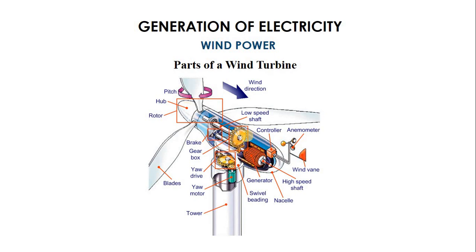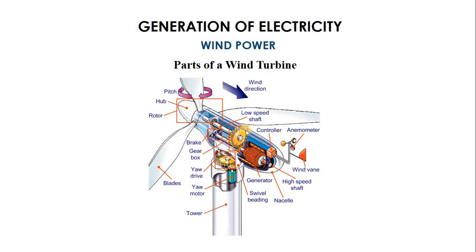The purpose of this arrangement is to increase the speed of rotation, to make sure that we have enough speed of rotation to drive the generator, because there's a particular RPM that's required to generate the power that you need from the generator. And sometimes when the wind is turning the turbine, the speed of rotation may not be high enough to drive the generator to get that amount of power we need. So this gear arrangement here is there to help us achieve that.